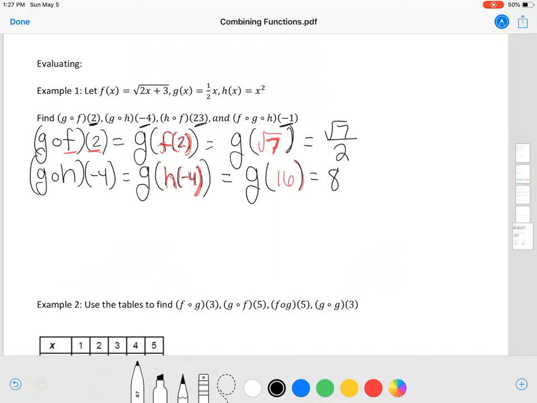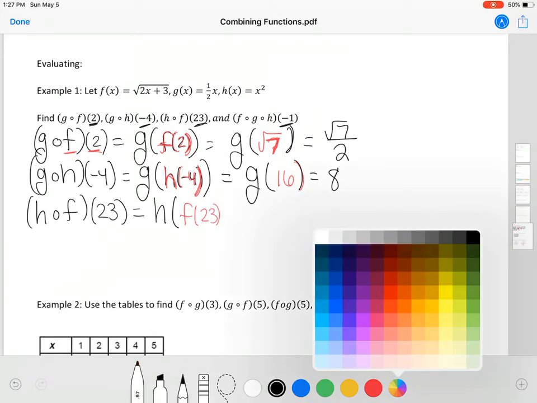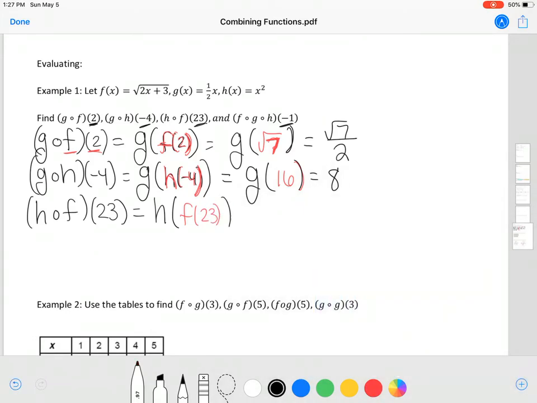Okay, the third part is h of f of 23. That means I'm going to find f of 23 and plug whatever I get for that into my h function. When I look at my function f of x and plug in 23 for x, that's 2 times 23, which is 46, and when I add 3, that gives me 49.